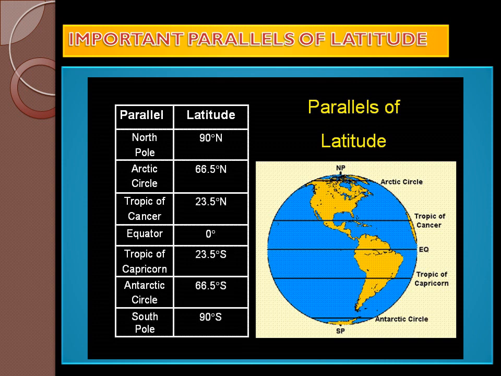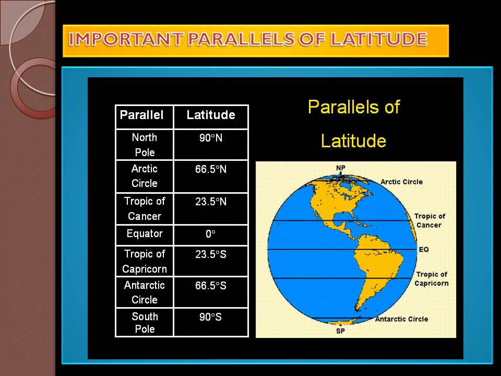Then you are moving towards south, and then you have Tropic of Capricorn, which is 23.5° south. Then we have Antarctic Circle, which is 66.5° south. And at last you have the South Pole at 90° south.